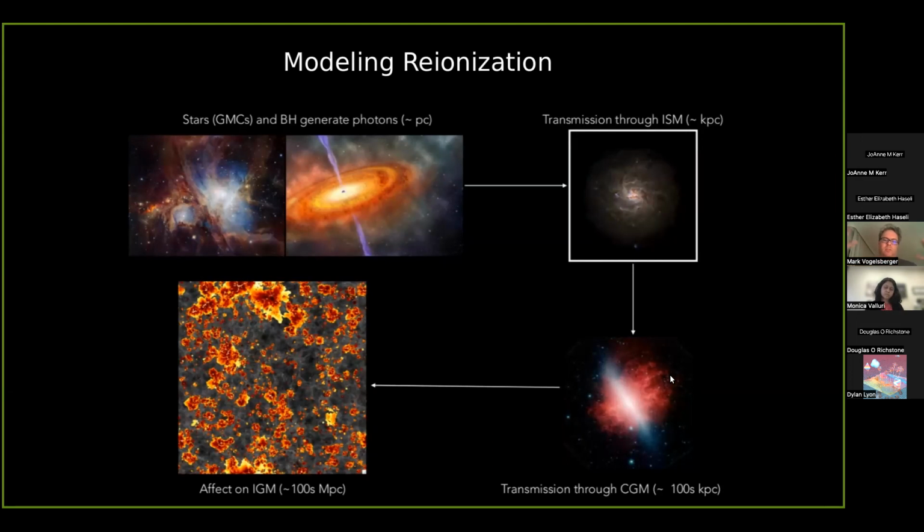Then they get transmitted through the circumgalactic medium, which is the gas around the galaxies, all the way to the IGM, the intergalactic medium. And there it will then slowly start in a patchy way to re-ionize the universe. So if you want to understand the epoch of re-ionization, you have to model this photon emission, and technically speaking, you have to do radiative transfer in the simulation.